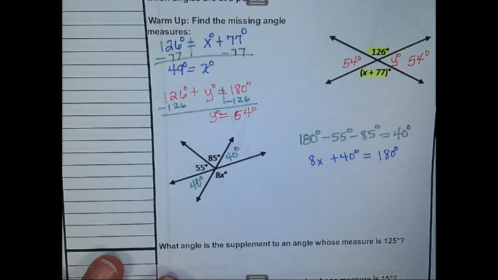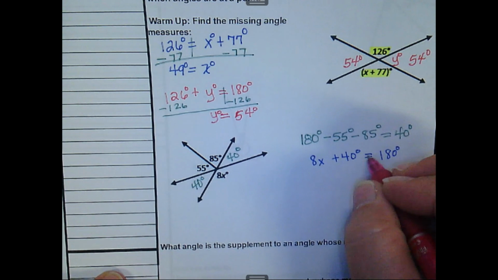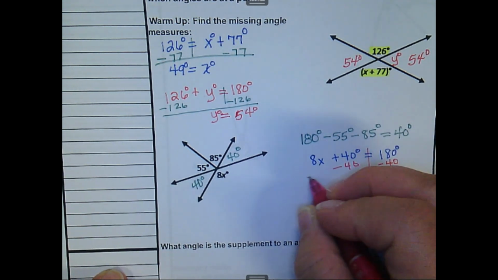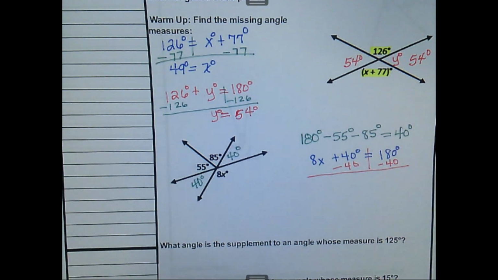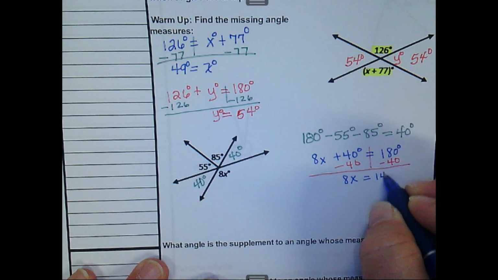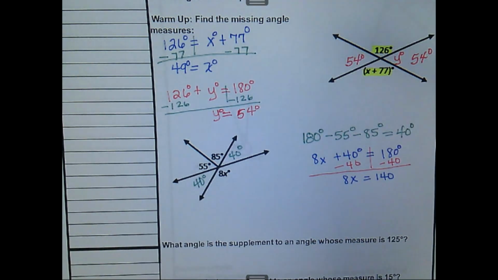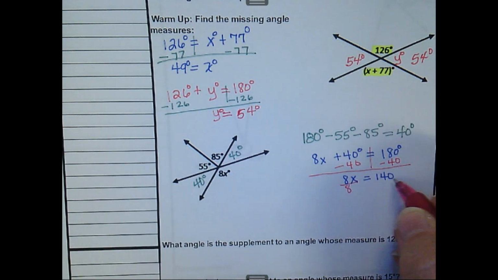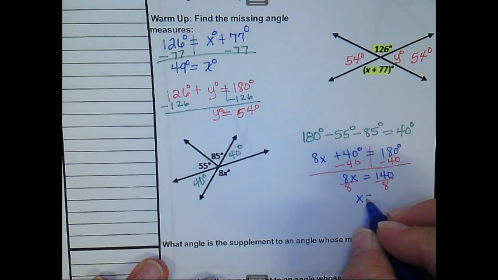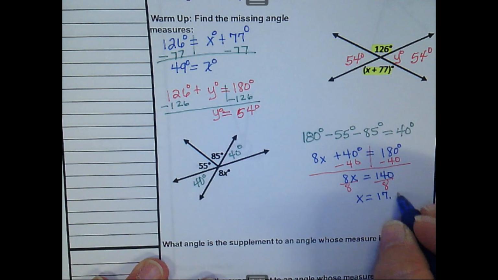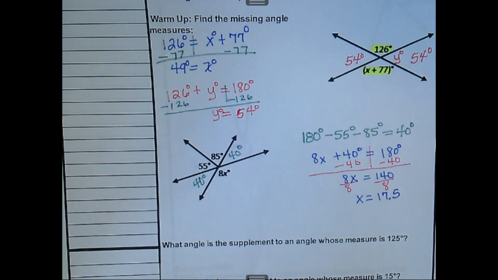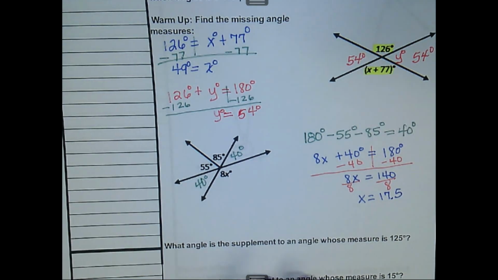So when I subtract 40 from both sides, 8x is equal to 140. I divide both sides by 8, and x is equal to 17.5. Okay, 17 and a half. That's one way of doing it. That's a perfectly acceptable way.